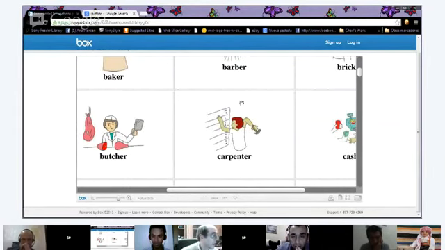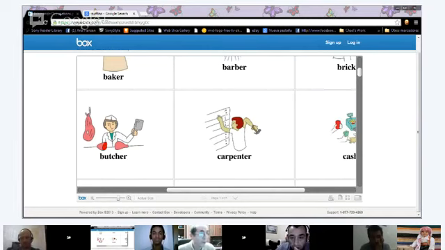Giovanni, what is this word? Carpenter. All right. What does a carpenter do, Giovanni? Furniture. Fixing. Desk. Okay. So they work with wood.